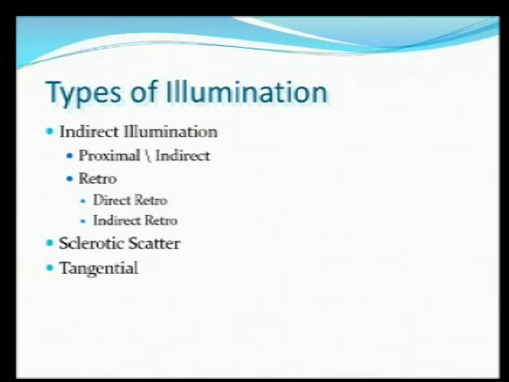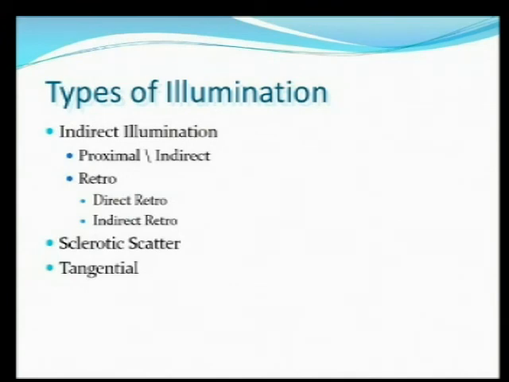We're illuminating the area in proximity to the area we're observing. And typically where we'd use that would be for looking at something like a pinguecula or maybe a pterygium, for example, where if you shine it directly on there, you get such a bright reflection, it sort of obscures what you're trying to see. By moving it a little off center, you still have enough light to see it, but you're not washing it out.